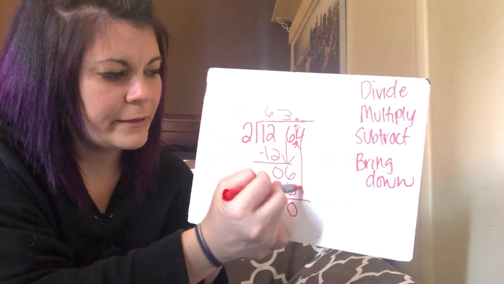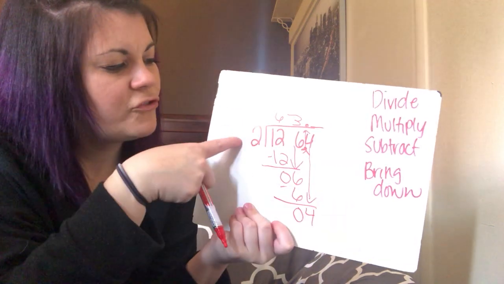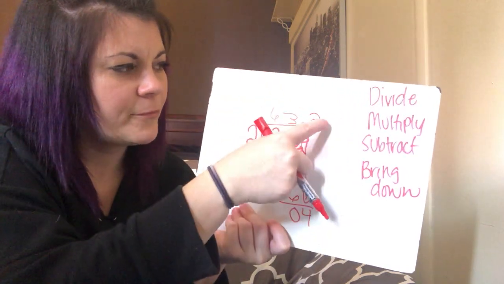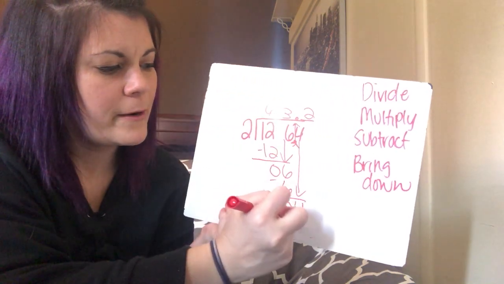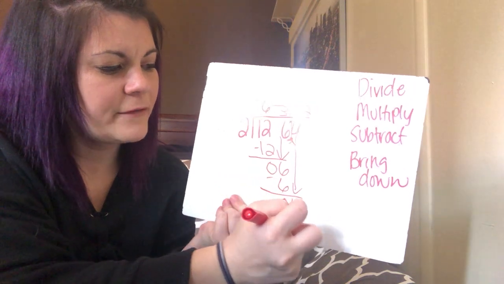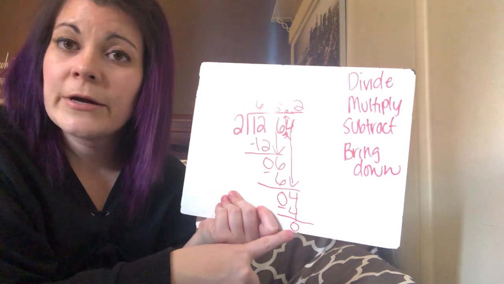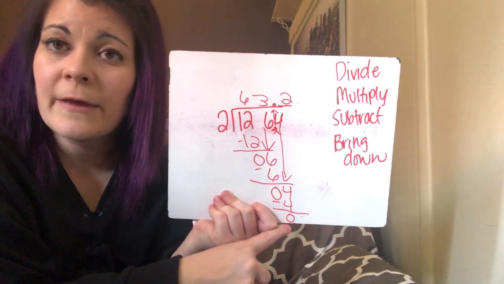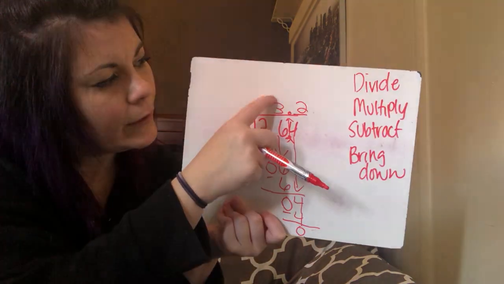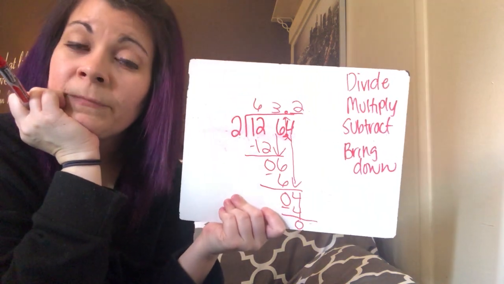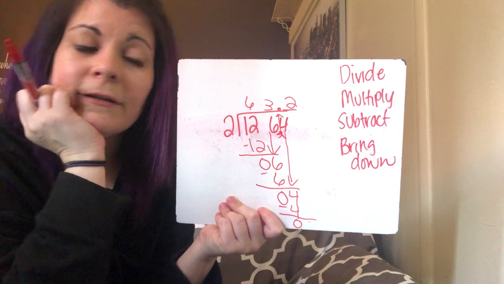Last step, bring down 4. 2 goes into 4 2 times, our second step, multiply. 2 times 2 is 4. Third step, subtract. Fourth step, bring down. Nothing to bring down. Our remainder is 0, so we can stop there. So we have 63.2 is our answer.